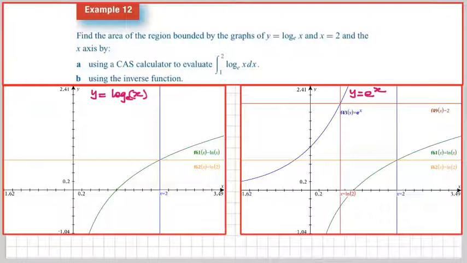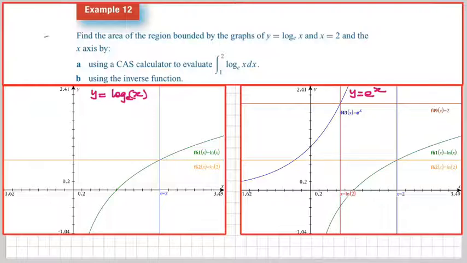So you'll see I've got the line y equals 2, to correspond with the one where I had x equals 2. Where I had y equals log 2 here, I've got x equals log 2 there. Where this log graph crosses the x-axis at x equals 1, the inverse crosses the y-axis at y equals 1, because everything's reversed in terms of x and y.